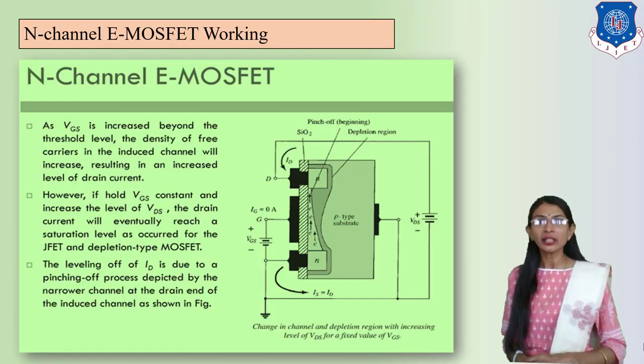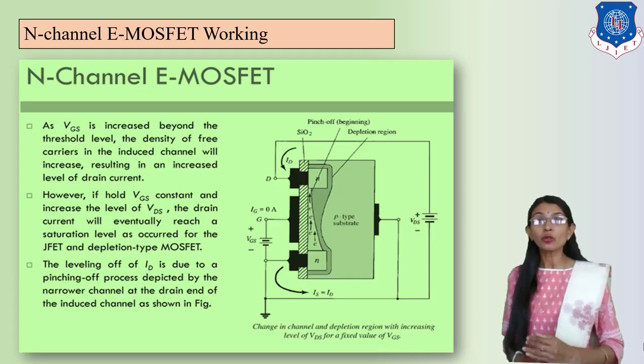Look at this. This is the general diagram for the E-MOSFET working. As VGS is increased beyond some particular level, that means beyond the threshold level, the density of free carriers in the induced channel will be increased, and it will result in an increased level of drain current.